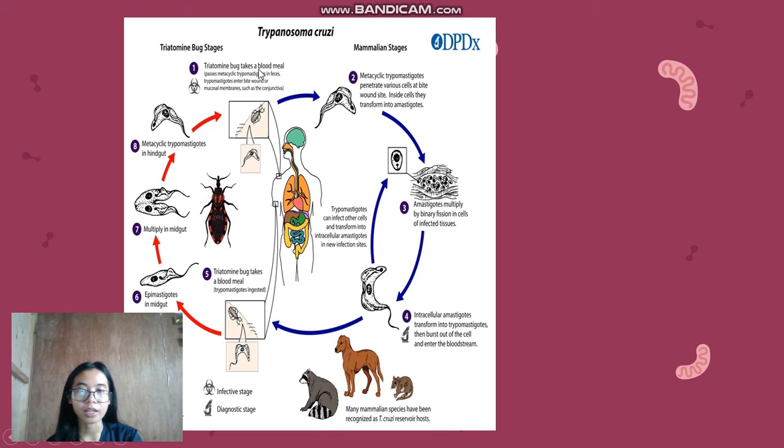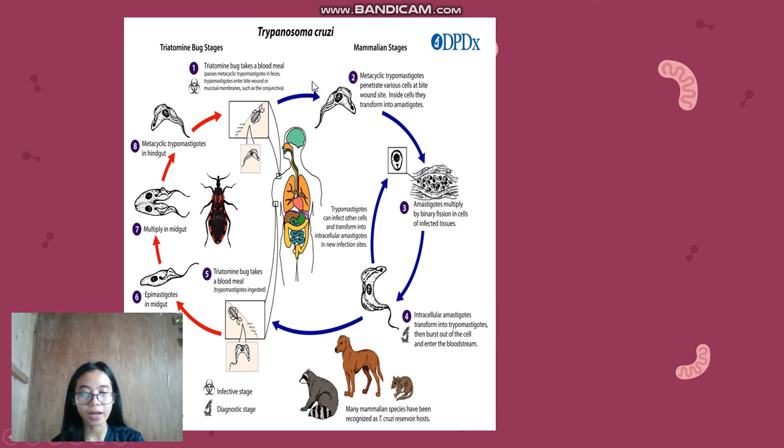So the life cycle of Trypanosoma cruzi starts with the triatomine bug stage. So an infected triatomine insect vector or the kissing bug takes a blood meal and releases trypomastigotes in feces near the site of the bite wound. So trypomastigotes enter the host through the wound or through intact mucosal membranes such as the conjunctiva.